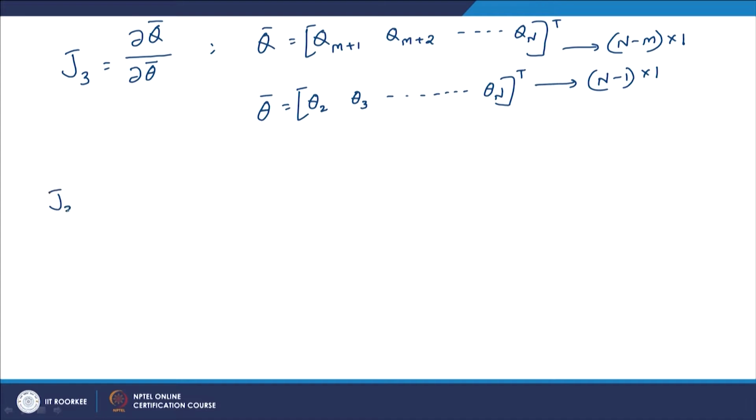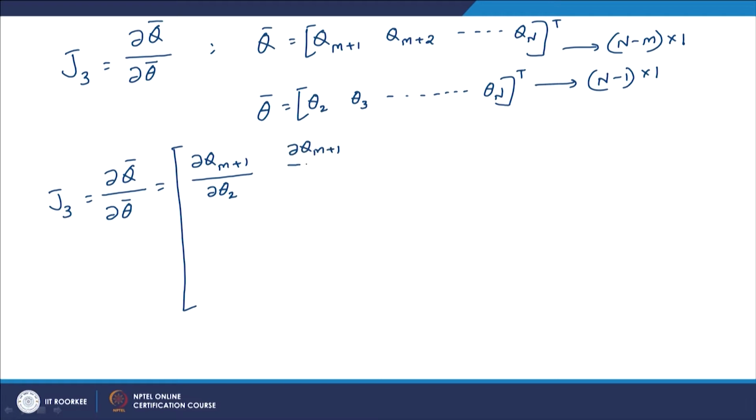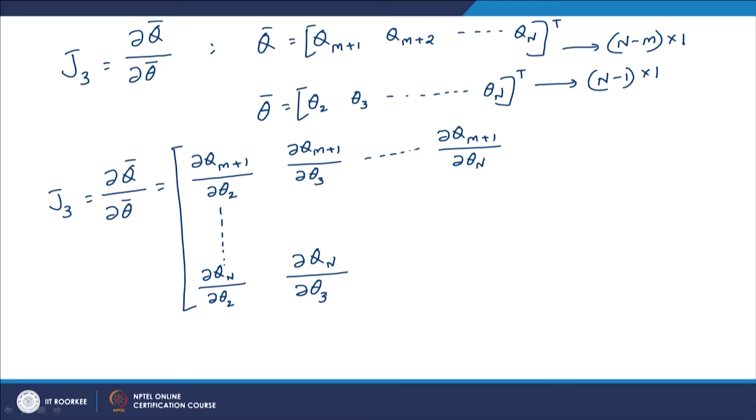The definition of J3, del q by del theta, is: del q m plus 1 by del theta 2, del q m plus 1 by del theta 3, dot dot dot, del q m plus 1 by del theta n, and it goes up to del q n by del theta 2, del q n by del theta 3, and so on up to del q n by del theta n.